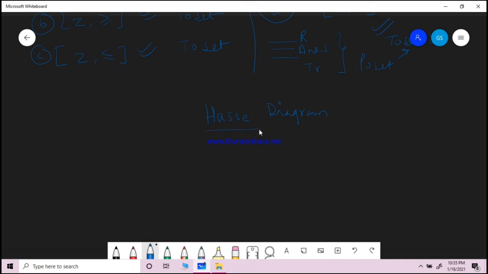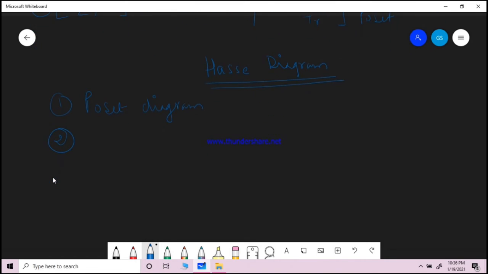In this section, I'll be teaching you how to draw a Hasse diagram and how it is different from a normal graph and how you have to model this. There are certain rules that you have to follow. First thing, this is also called a poset diagram. As you draw a poset with this Hasse diagram, what are the conditions you have to avoid?